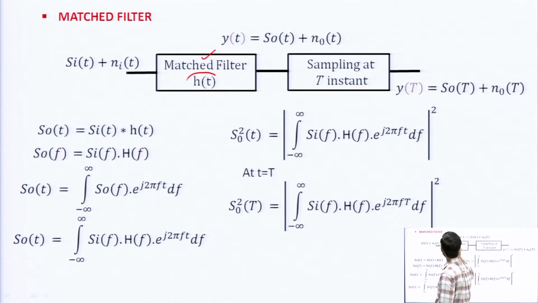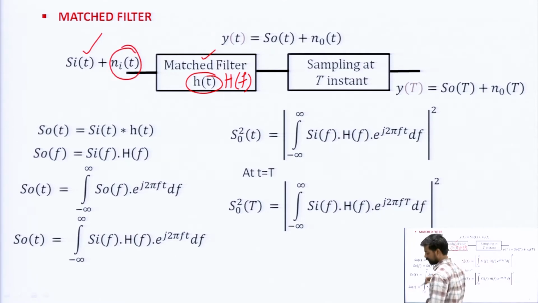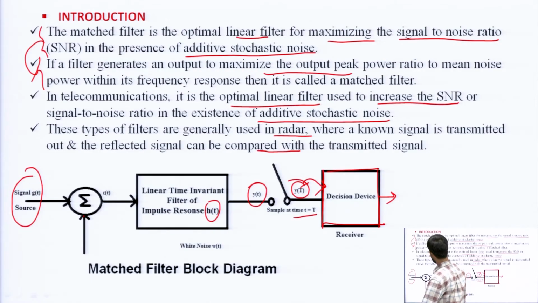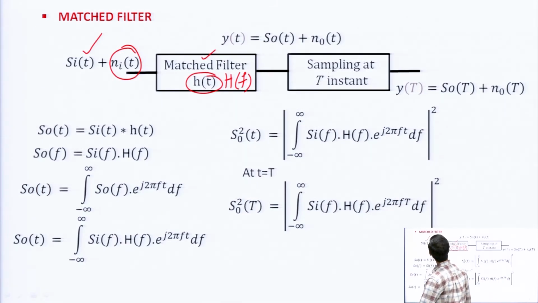It has the impulse response h of t, and in terms of frequency response, this is H of f. So, we have the input signal Si of t plus Ni of t, that is noise. Now, it is passed through the matched filter.